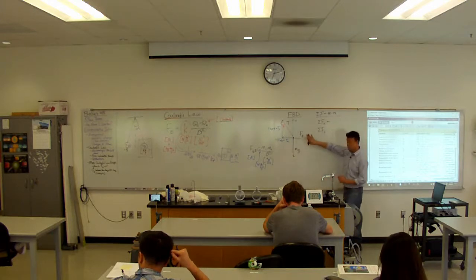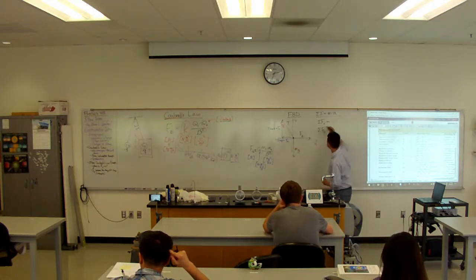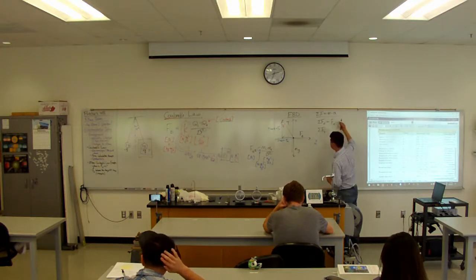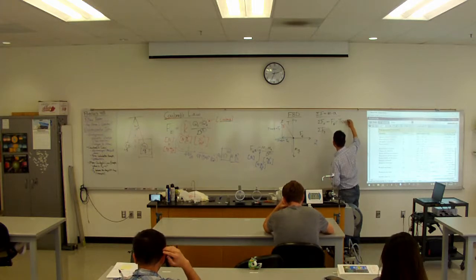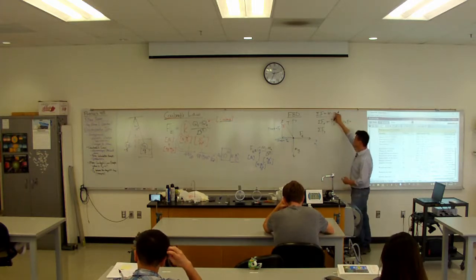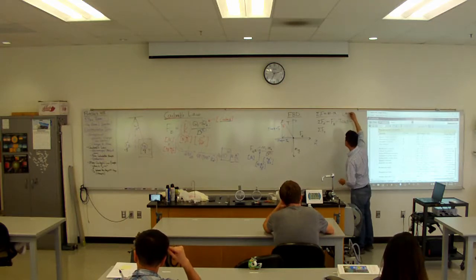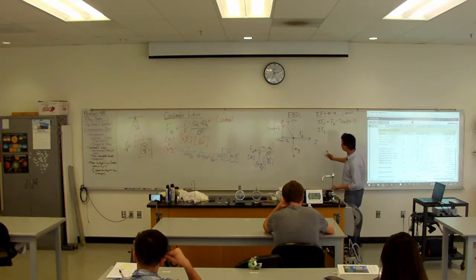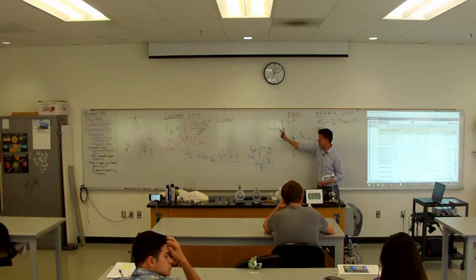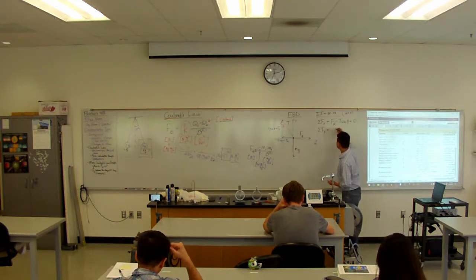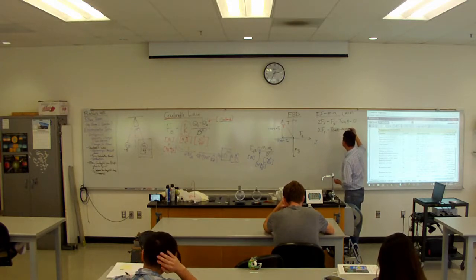Along the x direction, as Pedro was telling me, electric force, Fe, I keep capital E, minus T sine theta. Here it would be mass times acceleration, but in this case acceleration is 0, so this is equal to 0. The y component is the y component of tension and gravity. So T cosine theta minus mg is equal to 0.